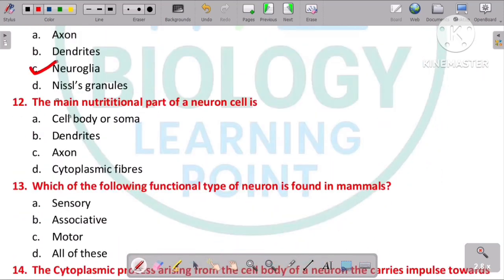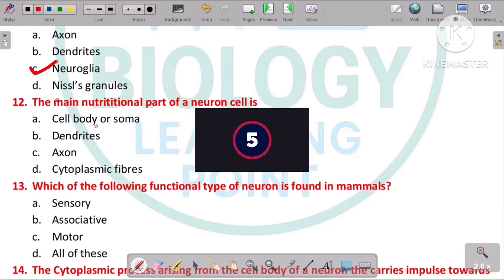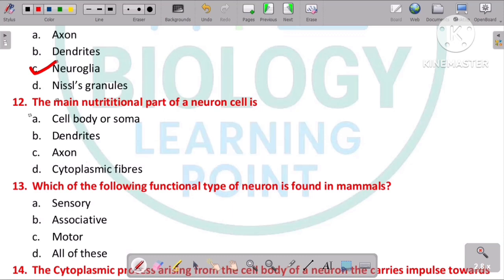So the next question is: the main nutritional part of a neuron cell is... So the right option is option A, cell body or soma.